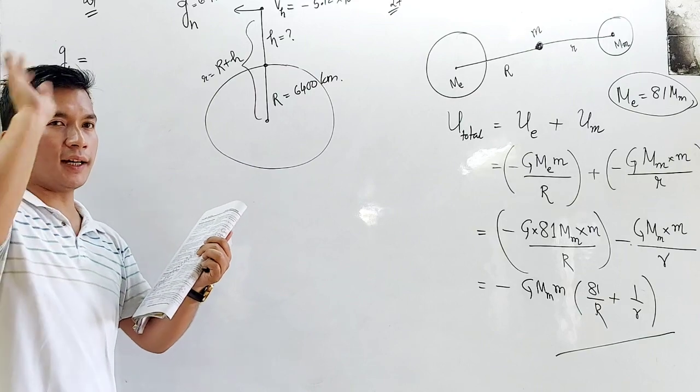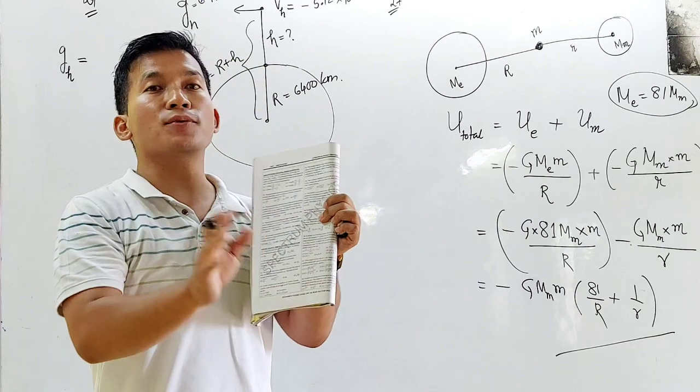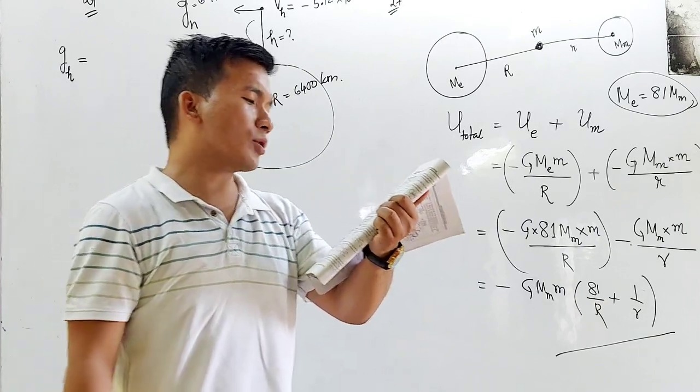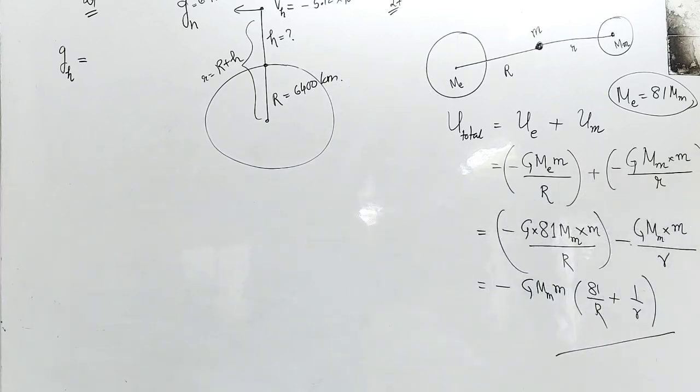Logically, you look at the options: 1200 kilometer, 1600 kilometer, 1800, 2400 kilometer.